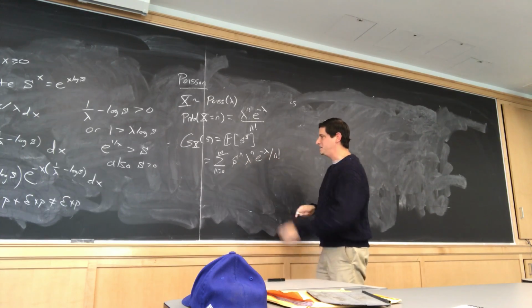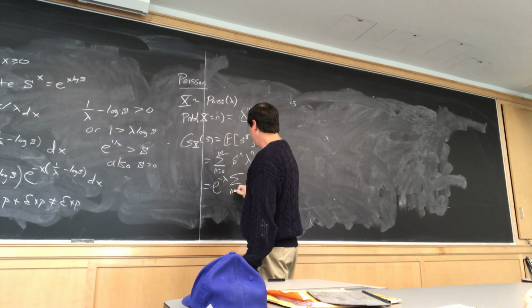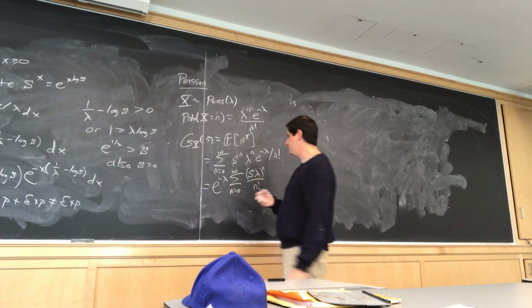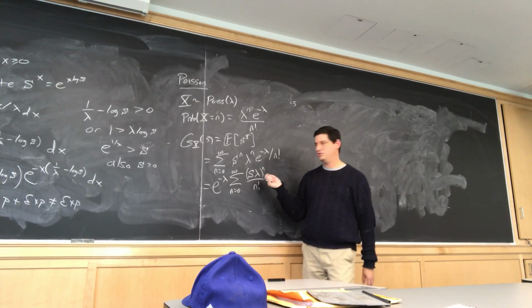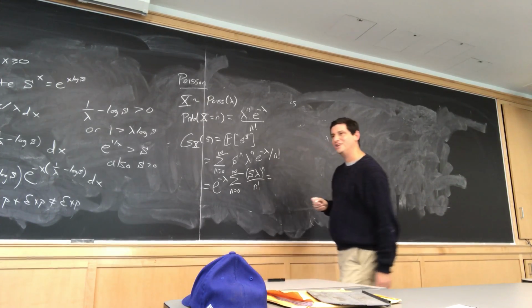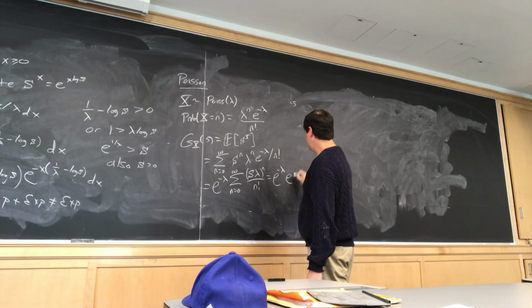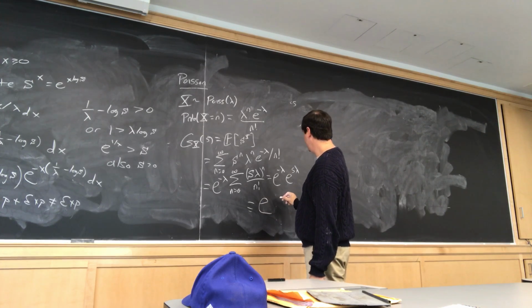The e to the minus lambda is independent, so I can pull it out, and I have a sum from 0 to infinity of s lambda to the n over n factorial. Oh, but what is that? That's e to the s lambda. So I get e to the minus lambda times e to the s lambda, and this simplifies to e to the lambda times 1 minus s.